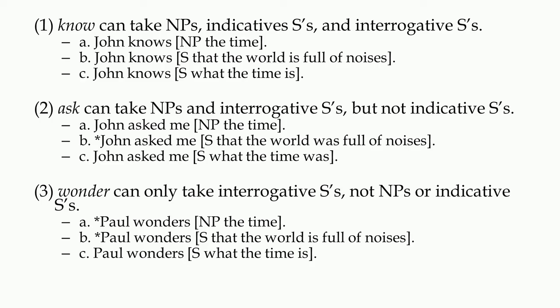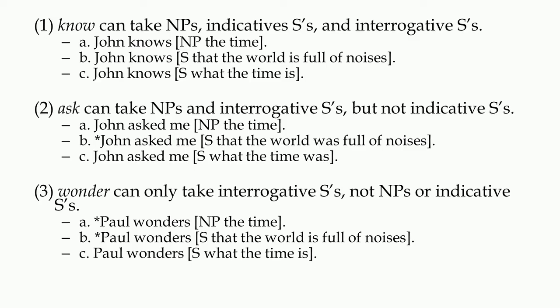These are put in italics in these examples. These are examples for us to see that a verb like know can take 3 types of objects. It can take a simple NP as an object. It can also take an indicative sentence as an object, and it can take an interrogative sentence as well.